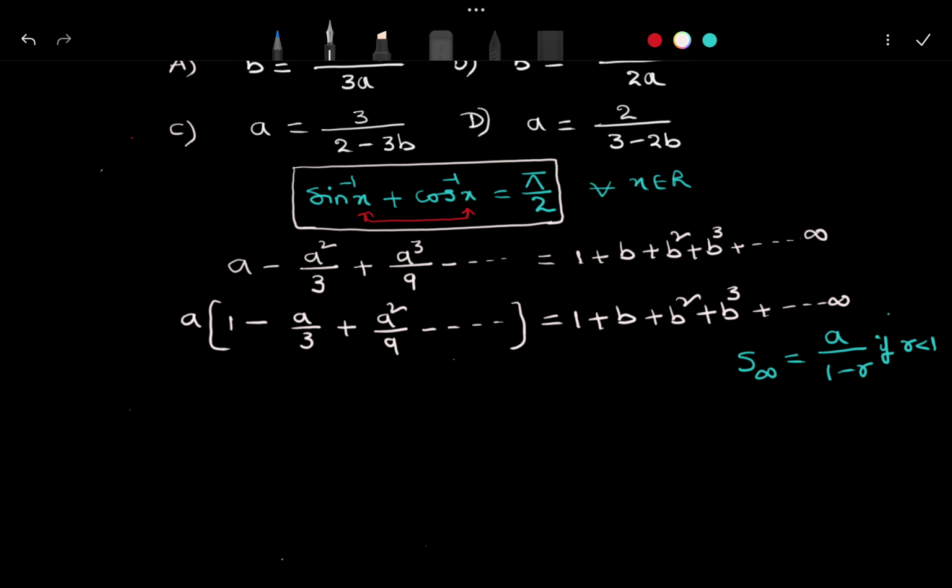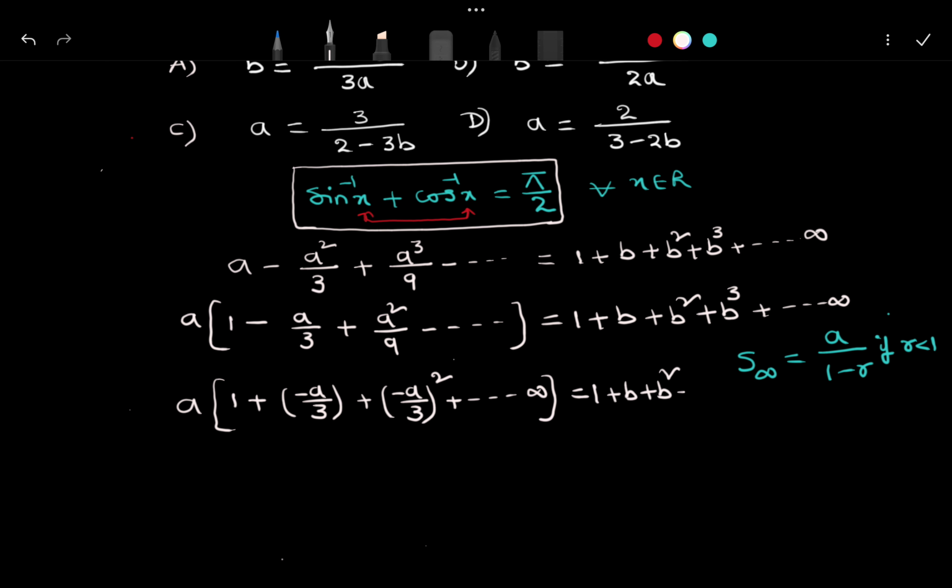By using that formula, you can write a into, first convert this into the form 1 plus (minus a by 3) plus (minus a by 3) whole square plus and so on to infinity is equal to 1 plus b plus b square plus and so on to infinity.